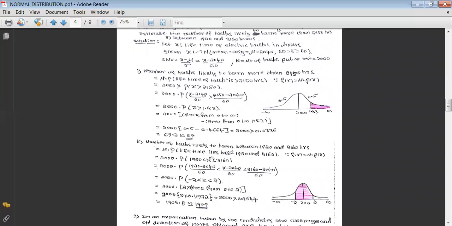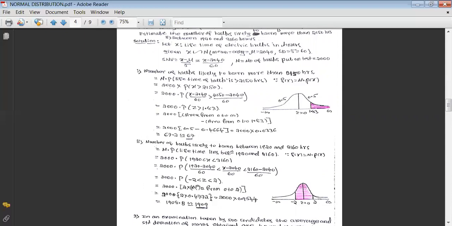That means the lifetime x lies between 1920 and 2160. Again, convert this normal to standard normal by subtracting the mean and dividing by the standard deviation. Once you simplify, this becomes -2, and this is z, and this becomes +2.